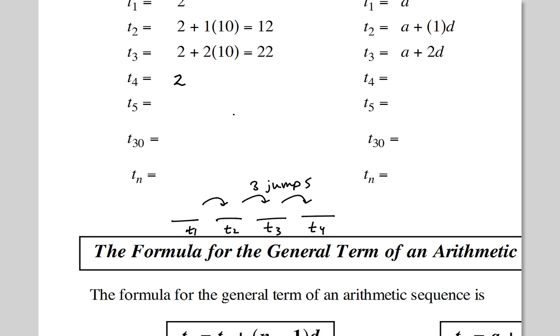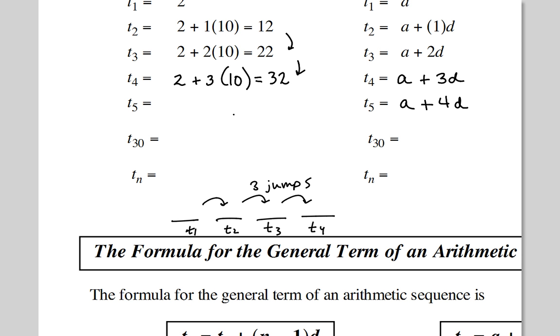You start at 2 for this sequence, and you would need 3 jumps, and each jump is worth 10. 3 times 10, 30, plus the 2 is 32, and you just get this pattern that's going to develop forever. And they write it out with 10 written as the D value and 2 written as the A value, and you get A plus 3D, and so on, A plus 4D and so on. And what do you notice the relationship is in each one of these formulas?